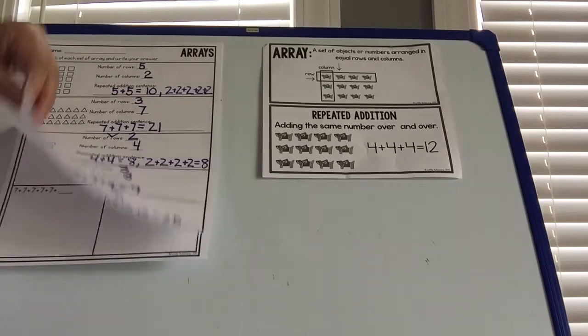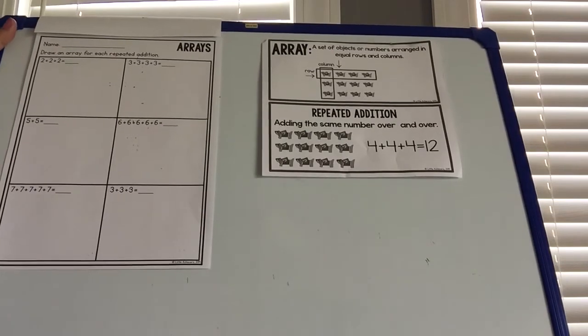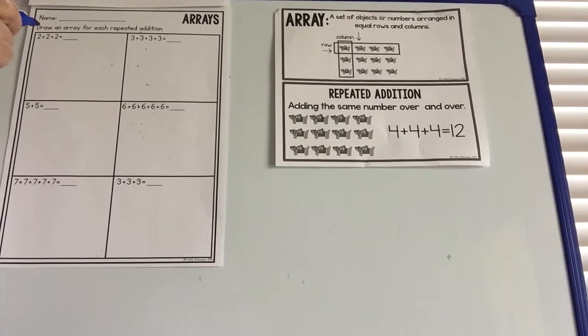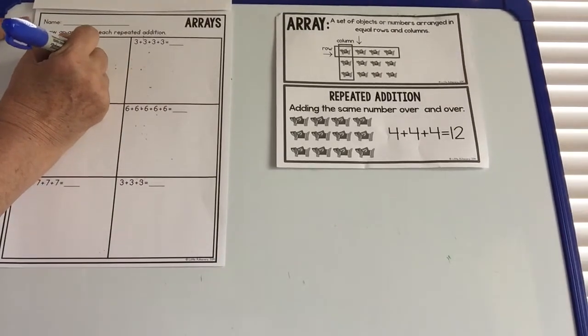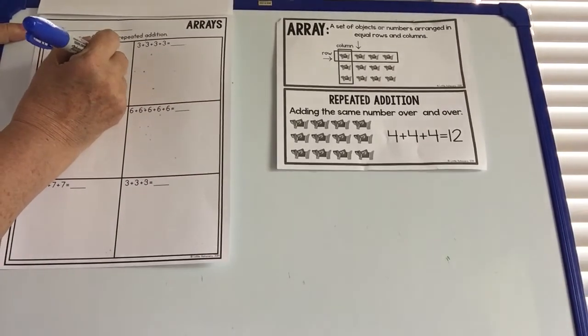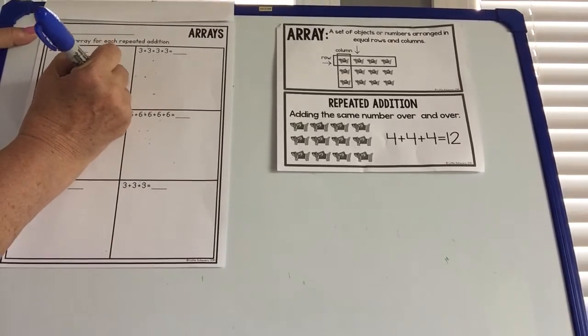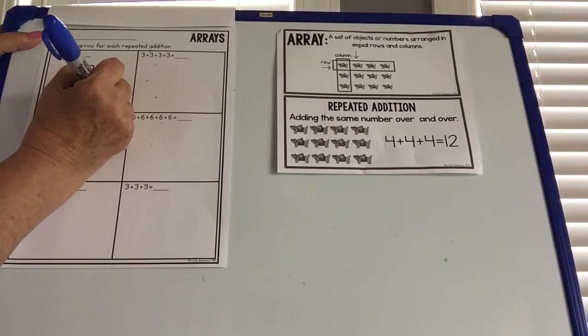Well, let's go to our next page and see. Let's draw a few. And I want you to draw some too, so you can practice at home. So we have 2 plus 2 plus 2. Well, let's draw my favorite, boys and girls. 2 hearts, 2 more hearts, and another 2 hearts.